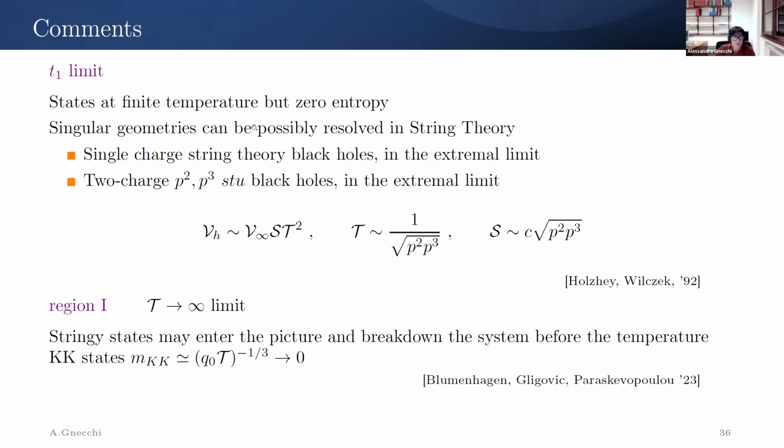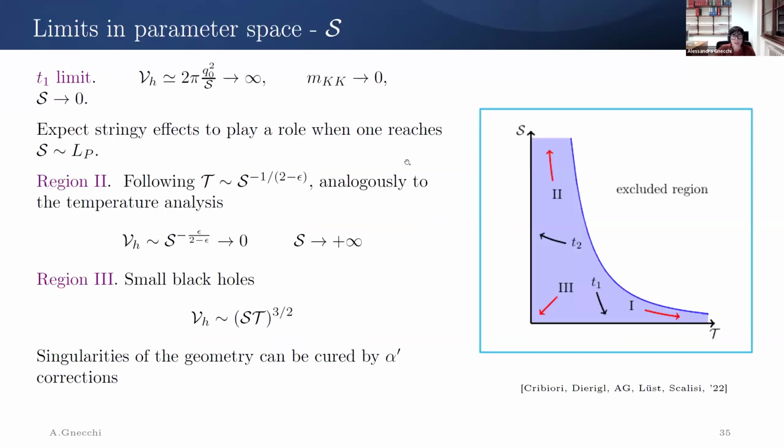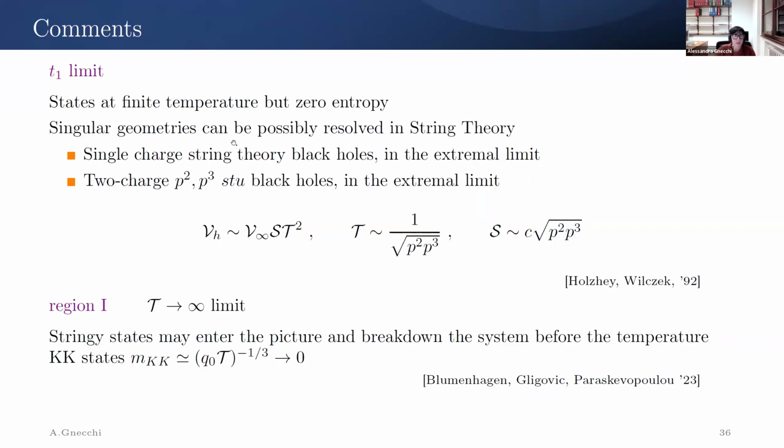Yeah, this was just a comment on this part. We can reach different kinds of states by moving around in this plane, tuning the charges of the black hole. We can interpret certain limits in terms of string theory states that come into the game.